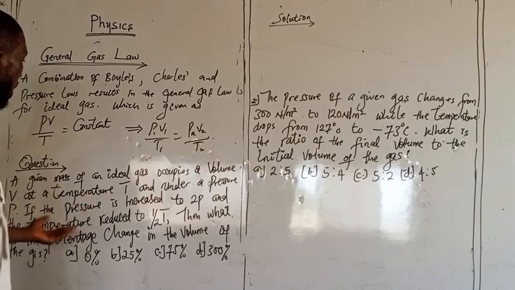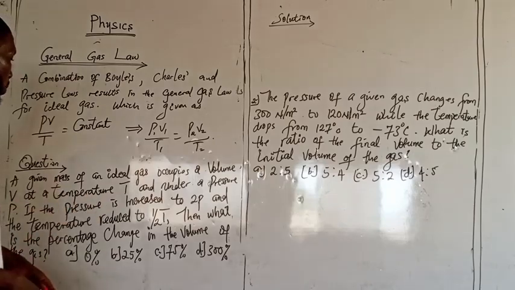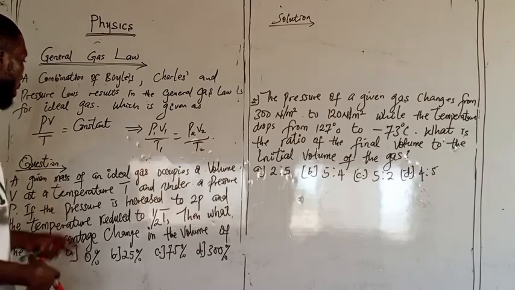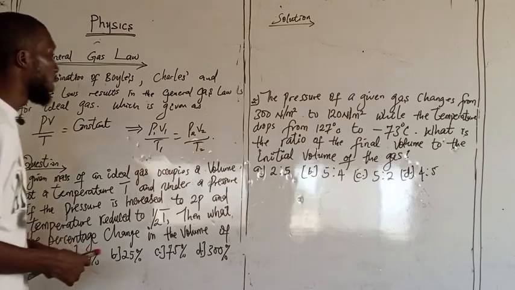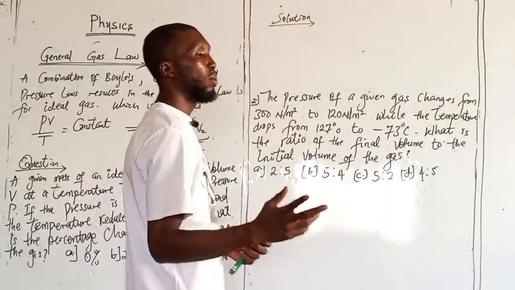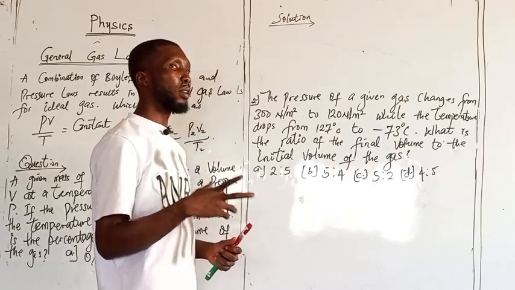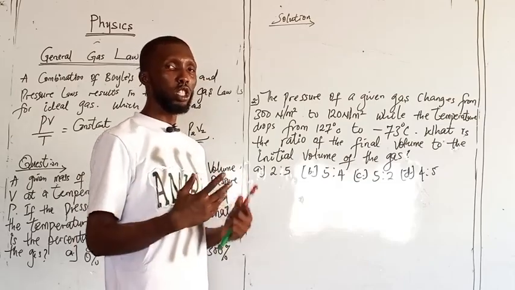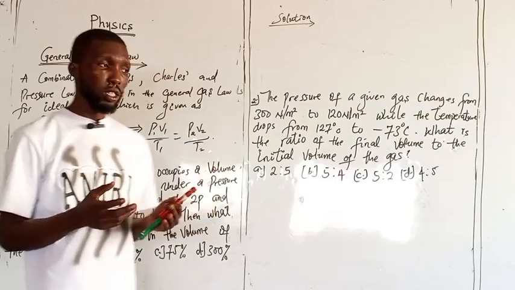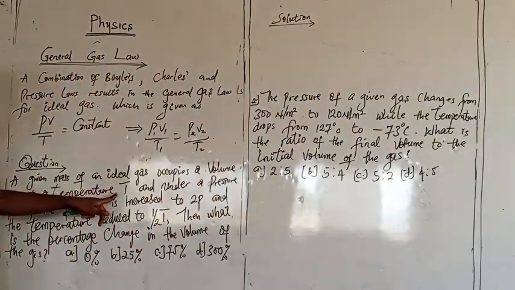We are going to apply the general gas law to this because volume, temperature, and pressure are all involved. We have to find the percentage change in the volume. That is the final volume minus the initial volume, divided by the initial volume, multiplied by 100%. Why final minus initial?